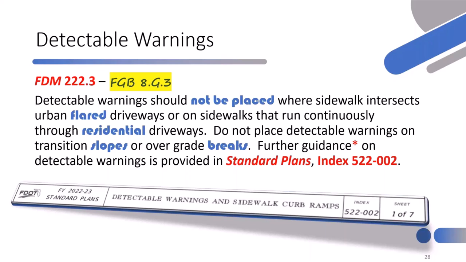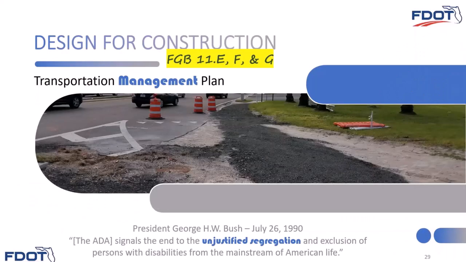So just because it's nominally compliant does not mean that it's relieving the engineer from their needed application of sound and effective engineering judgment. So we can address that more during Q&A if anyone has any questions about that. Okay, and Spec 527 is the construction specification for detectable warning surfaces.